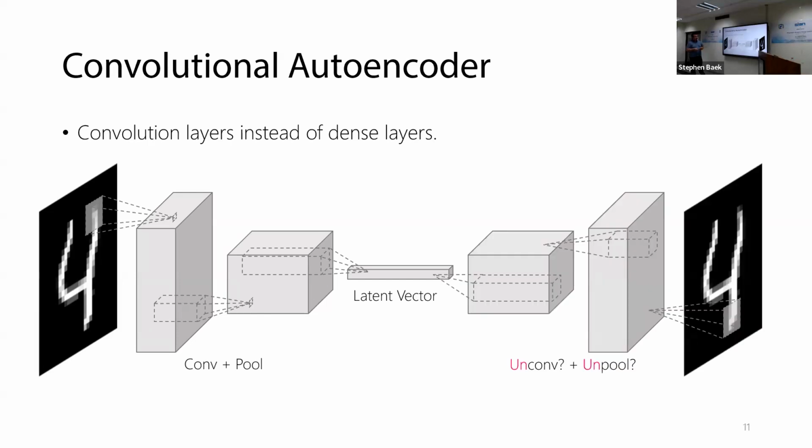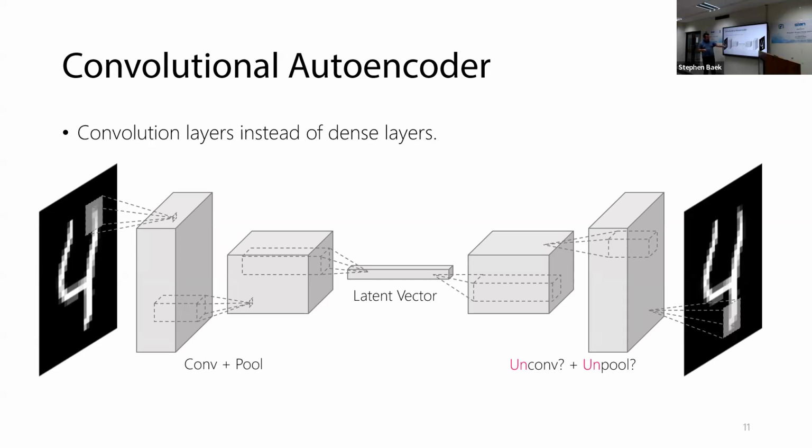But in terms of the decoder design, how do you do that? For the decoder, we somehow need to define the reverse process of pooling, the reverse process of downsampling. And then we also have to somehow define the reverse process of convolution.